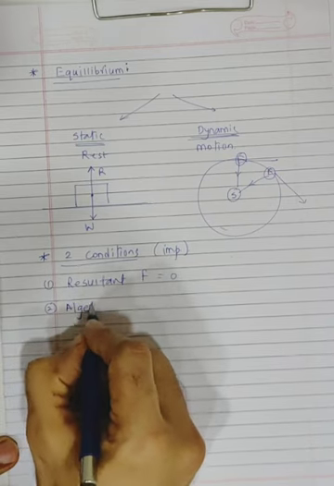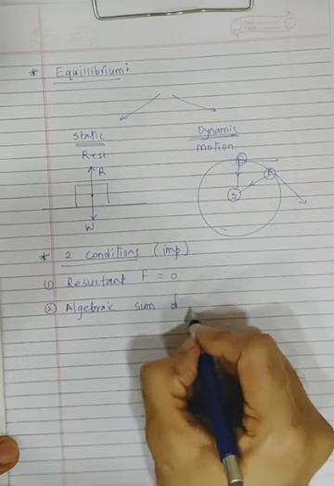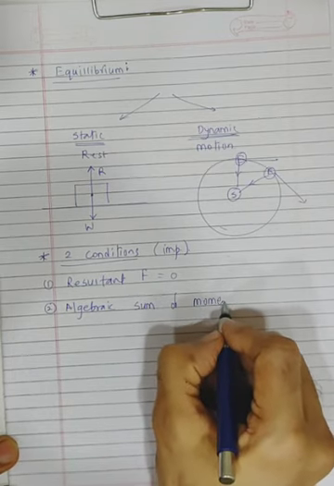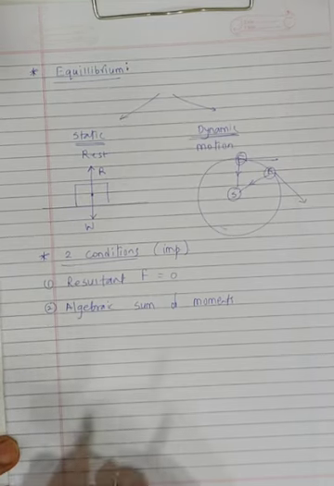And the second condition is that the algebraic sum of moments. Okay, what do you mean by algebraic sum of moments? Whatever moments are produced on this, they all should add up to zero.